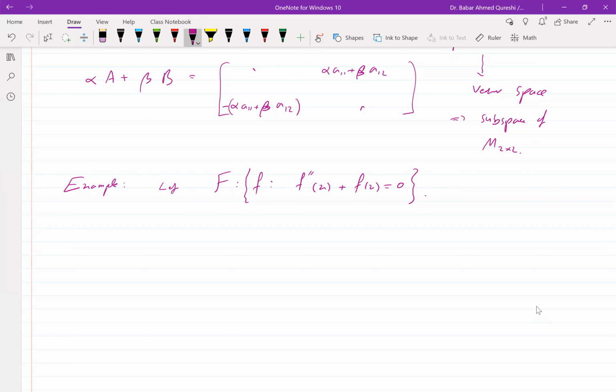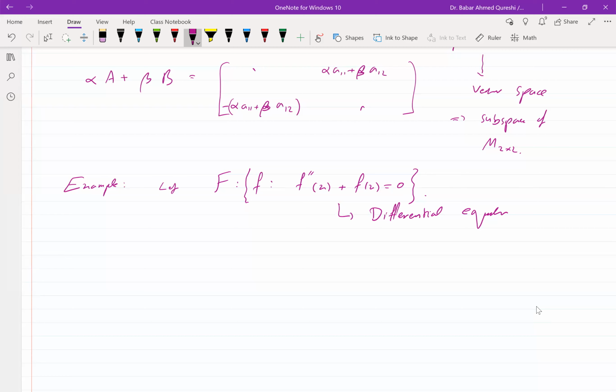When you put such a condition, this is called a differential equation, where you are relating the derivatives of a function among themselves or with the function and putting some condition.